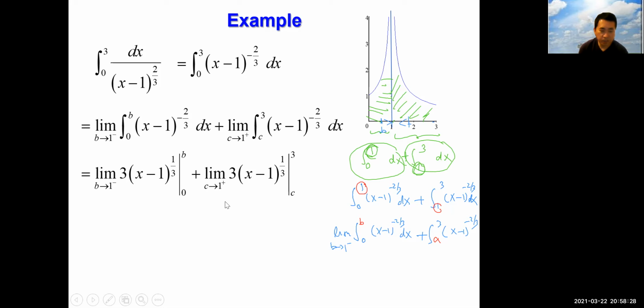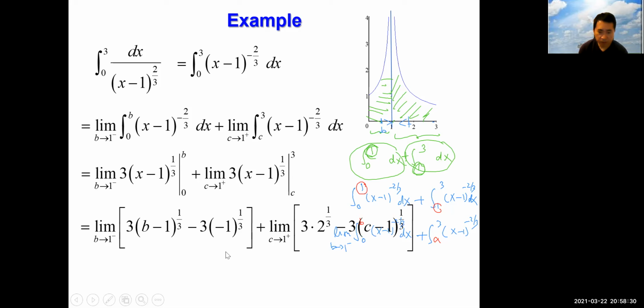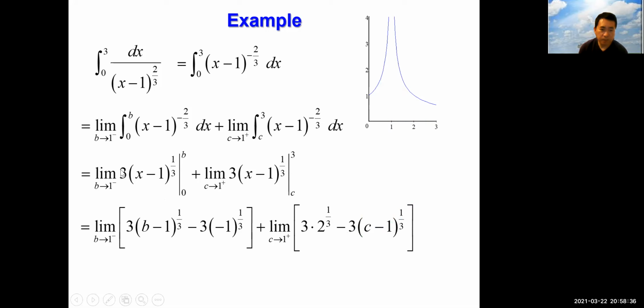Then you plug in. After you plug in, you have 3 times (b minus 1) to the 1/3 minus 3 times (0 minus 1), so that's negative 1 to the 1/3.